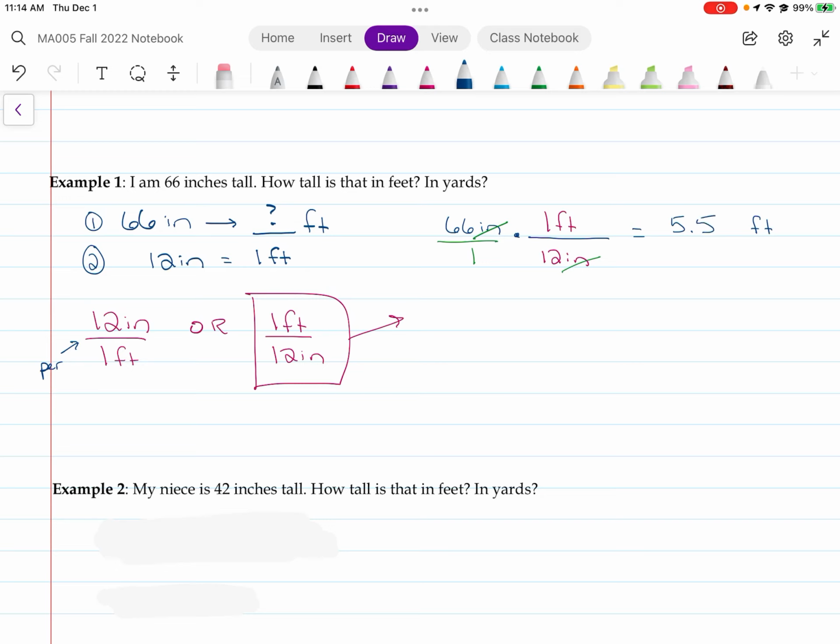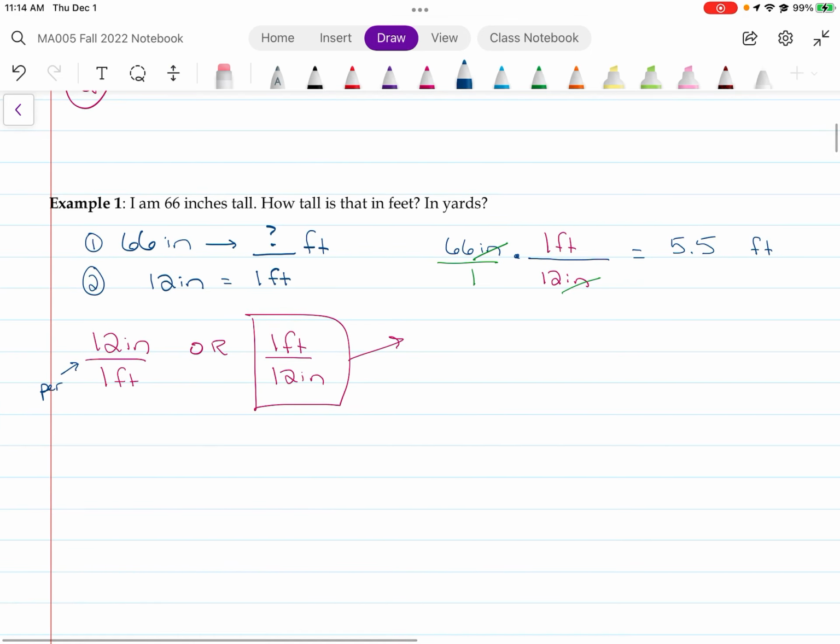All right, so the next question was in yards. All right, so we need one more conversion factor here. And you can start from the 66. If you're going to go from inches to yards, we need to have that there are 36 inches per 1 yard, or that there's 1 yard per 36 inches, one or the other.